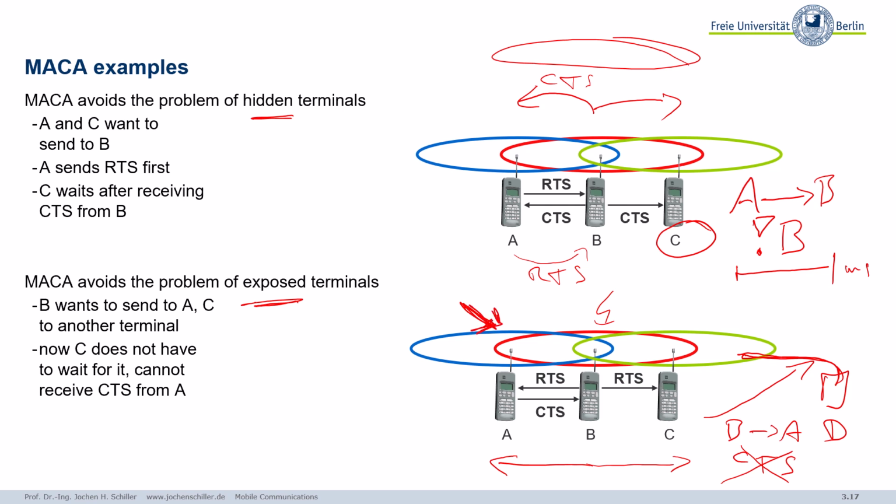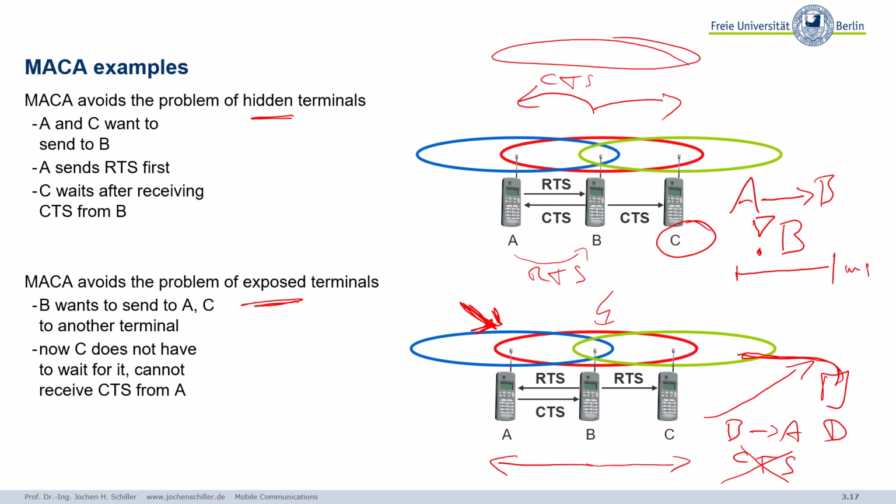So B's signal is still strong enough at the receiver and C's signal will add to the noise. I don't care. So that's the idea. So MACA helps also in case of exposed terminals, and this means it can increase the performance in both cases.